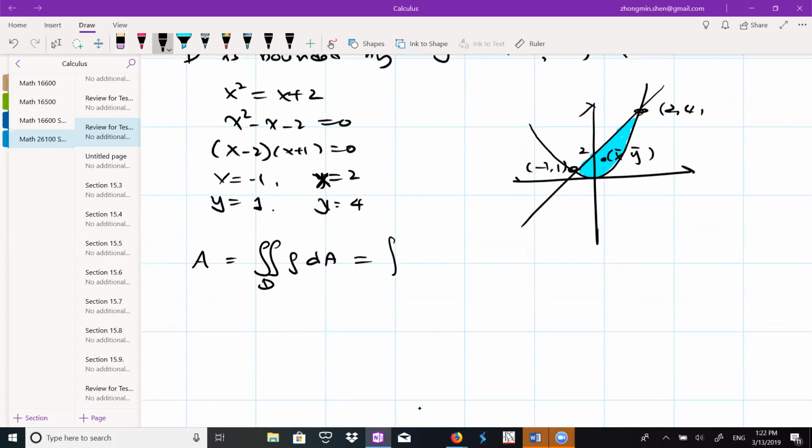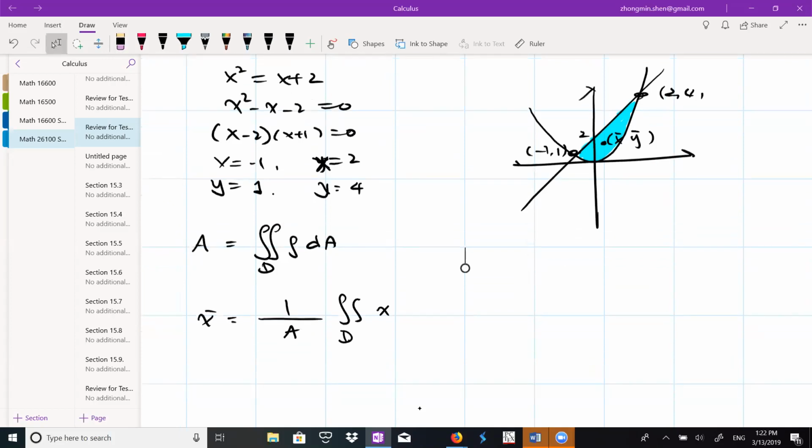You can evaluate this later. Okay, let me continue. So x bar is going to be 1 over A, right? A is the mass, and this double integral of x times the density function.